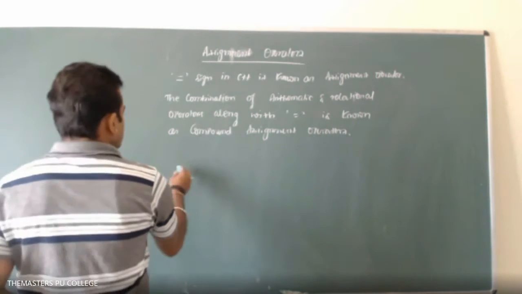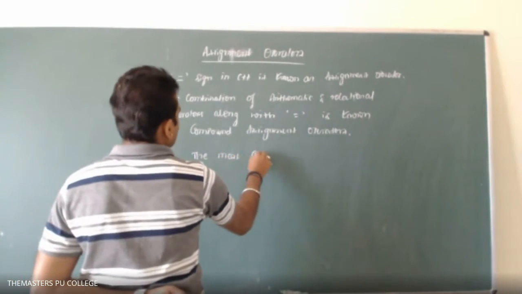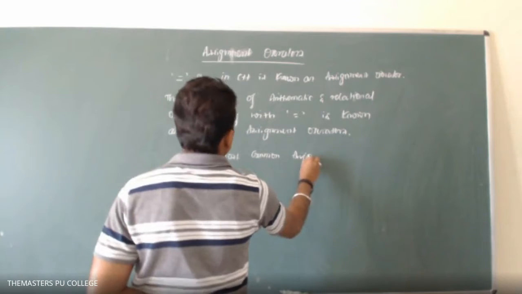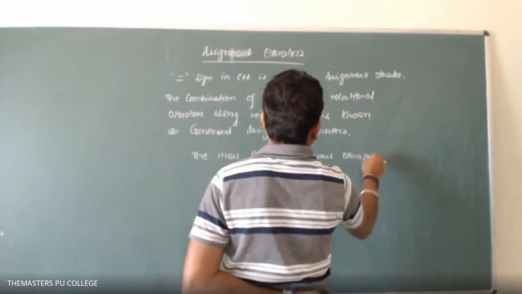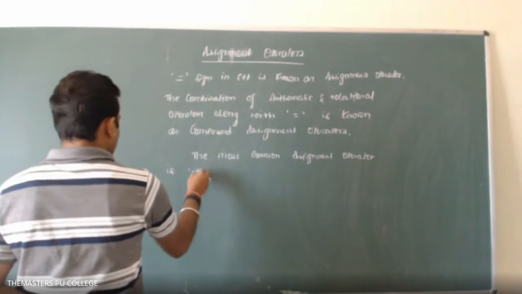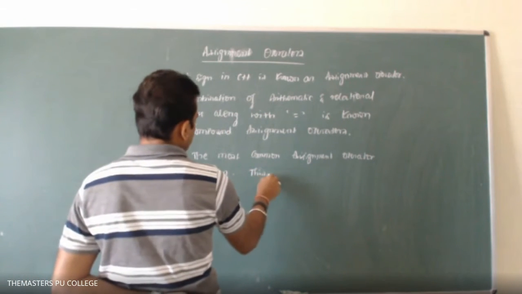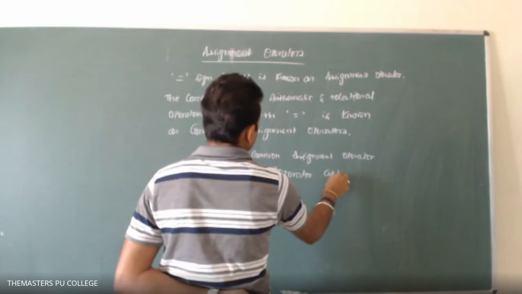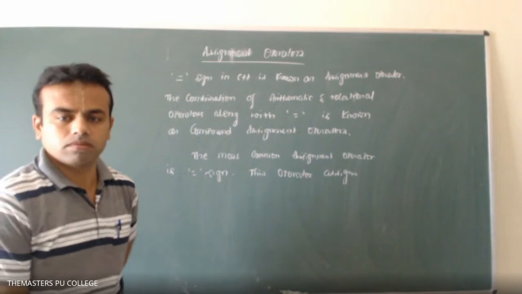Okay, next one. The most common assignment operator is the equal sign. What does this operator assign? The result of an arithmetic operation.